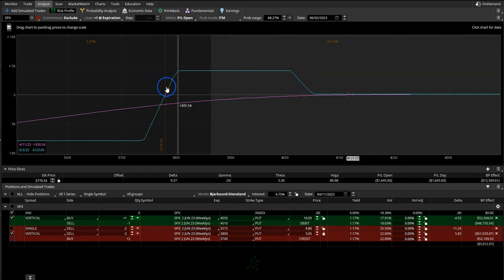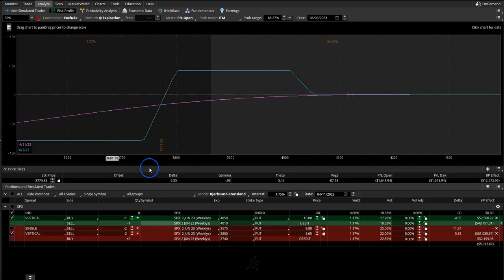So the bear trap is much smaller, right? And that's the bad part. But the good part is that we no longer have unlimited risk to the downside, right? And we don't have to put up as much margin to put this trade on.